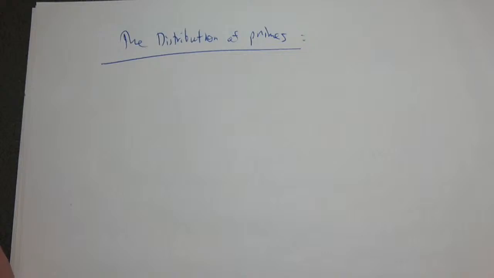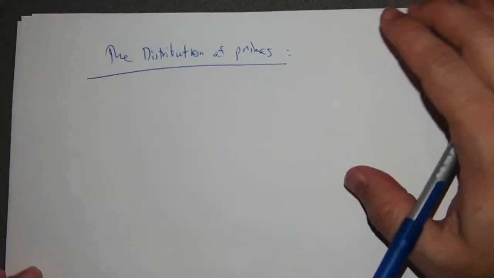But how often do they occur? Right? And so there's various ways you can ask that question, and there's various types of estimates that you might want. Some of these statements are a lot more crude than others, which are a lot more precise or a lot more refined.